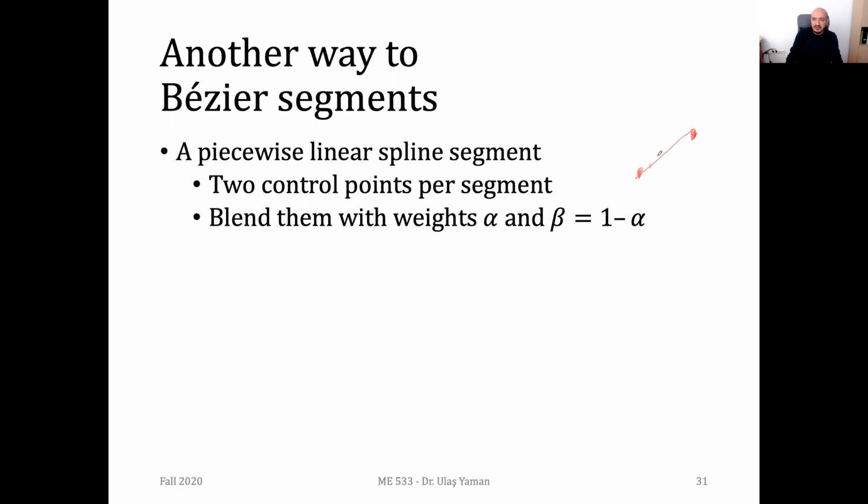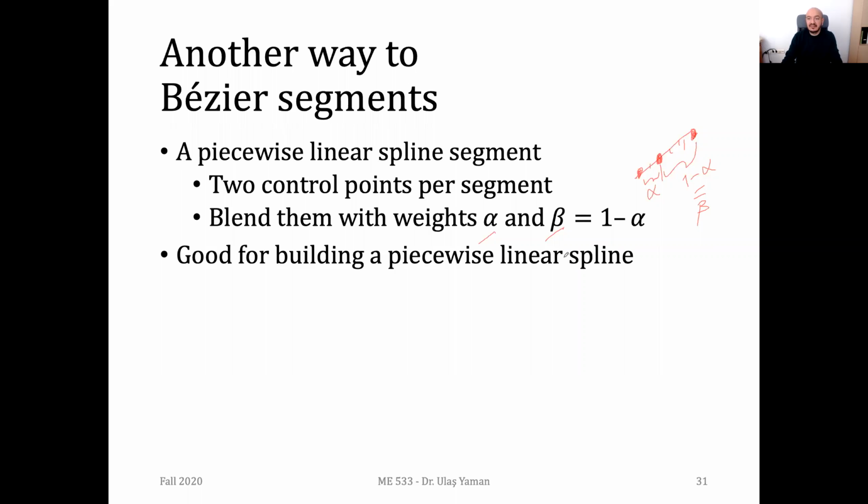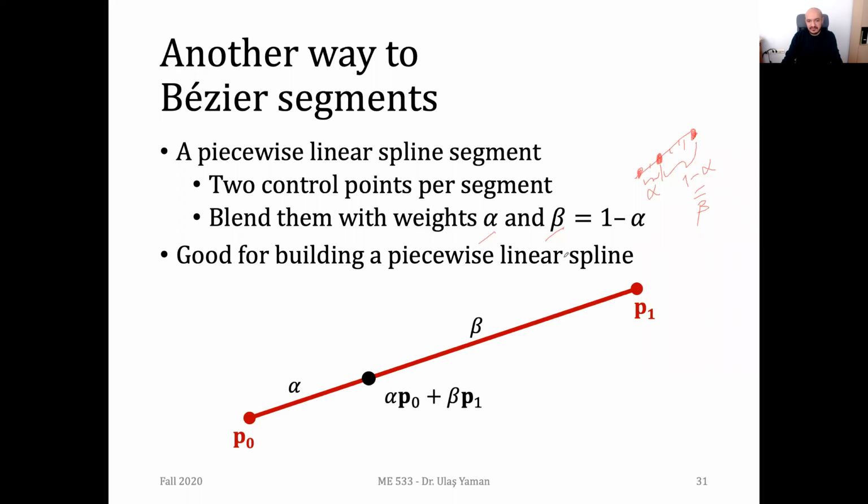And then if you want to determine any intermediate points, what do you do? We do a kind of blending operation, and we may use such weights, alpha and beta. Since this is linear, if you are looking at this point, you can say that this part is equal to alpha, and this part will be equal to 1 minus alpha, or we can say that this is also equal to beta. By using them, we can blend the control points to obtain the intermediate points.